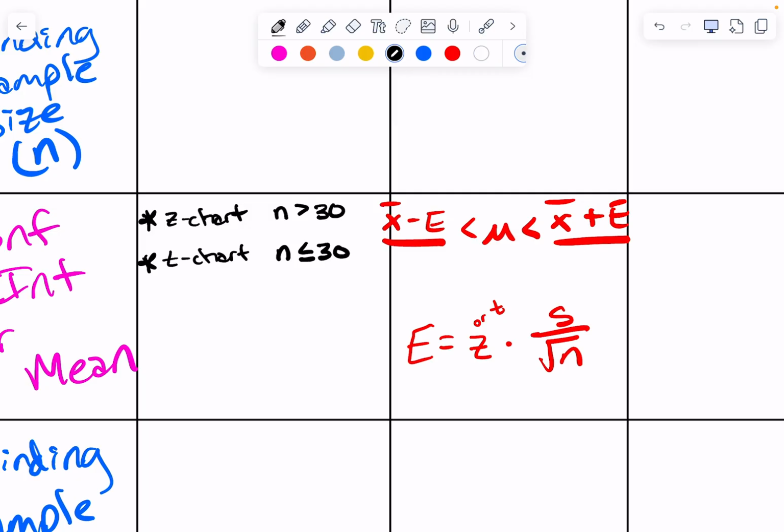So you've got to make sure you're using the right chart when you're doing a mean. If you use the wrong chart, then you miss a point. When you take this test, I go through it with a fine-tooth comb. If the only thing you did was use Z instead of T, your whole equation is going to be wrong and you'll get a very wrong answer at the end.